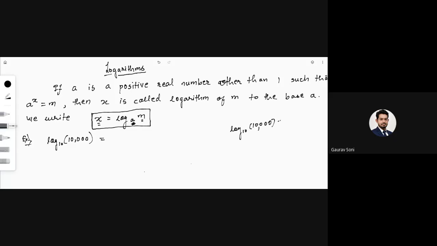What happens to this log to the base 10 when it goes on the other side? 10,000 will be equal to, anyone?